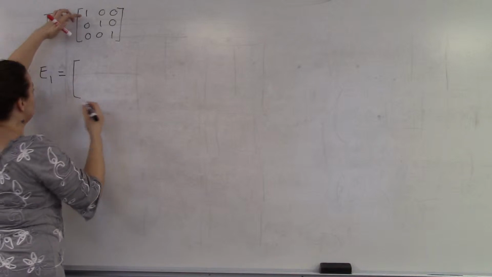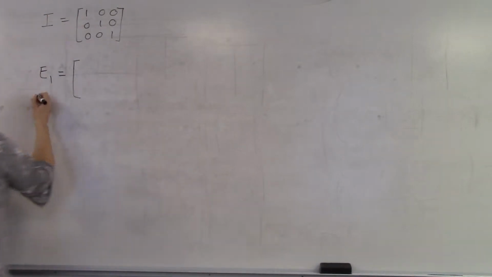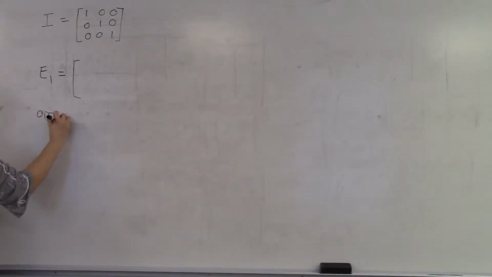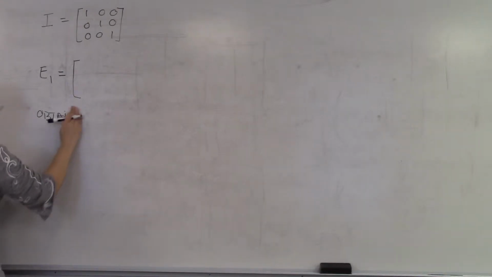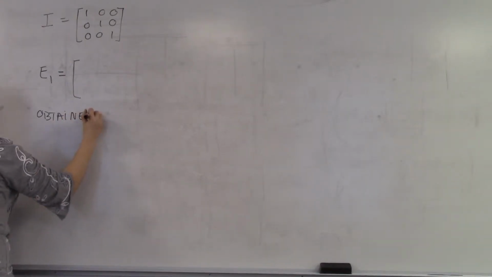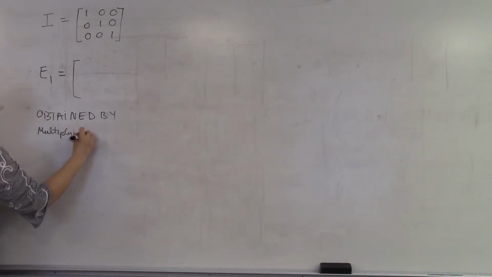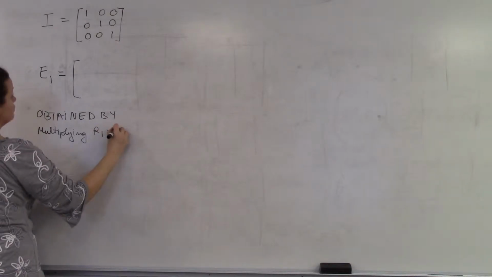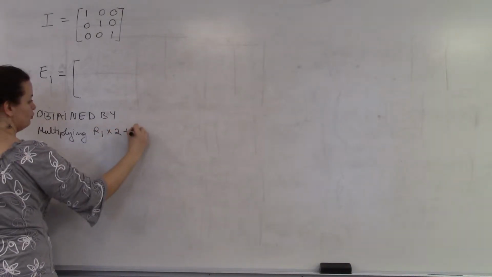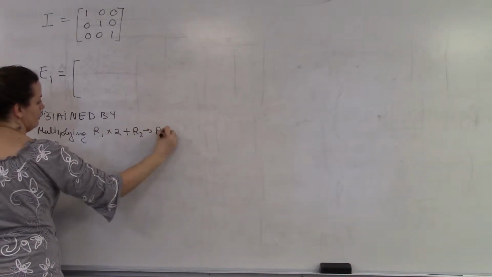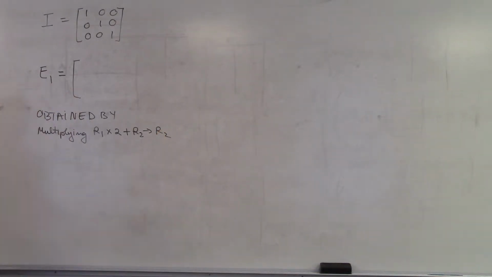So this is obtained by multiplying row 1 times 2 and then adding it to row 2, and then I'm putting that into row 2. That's pretty self-explanatory.